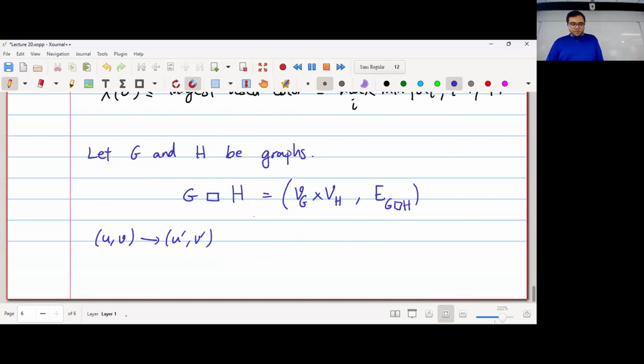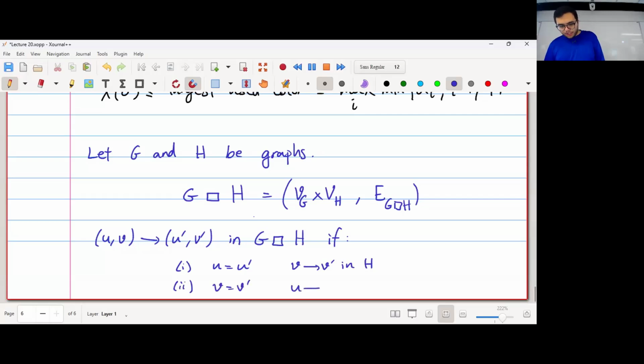So I have an edge from (u, v) to (u', v') in the Cartesian product if one of these two cases happens. The first case is that u is equal to u', and there is an edge from v to v' in H. And the second case is that v is equal to v', and there is an edge from u to u' in G.